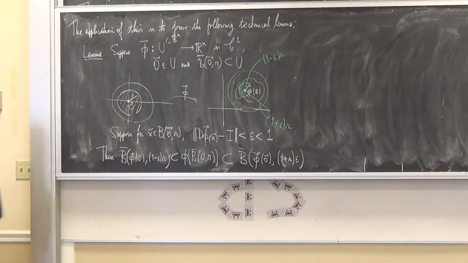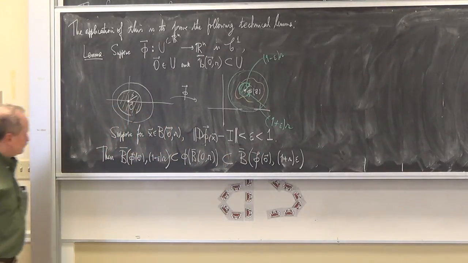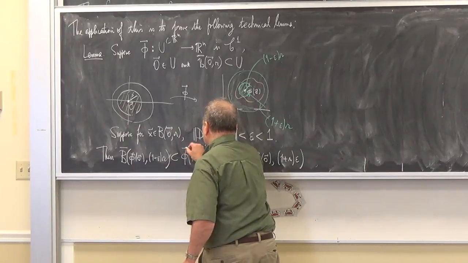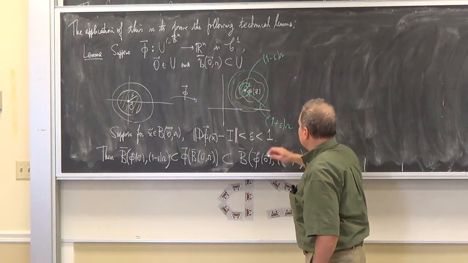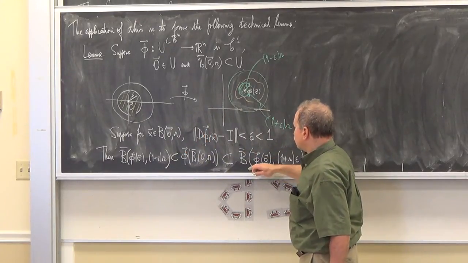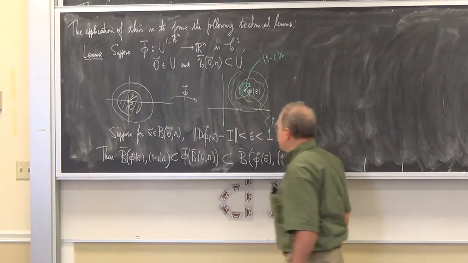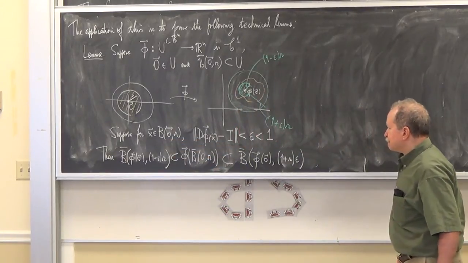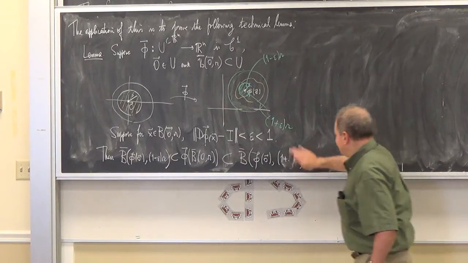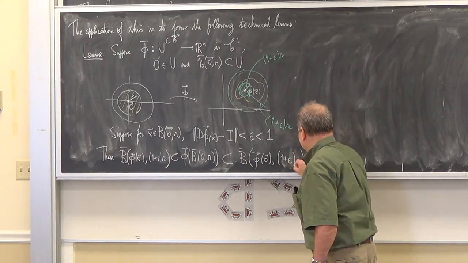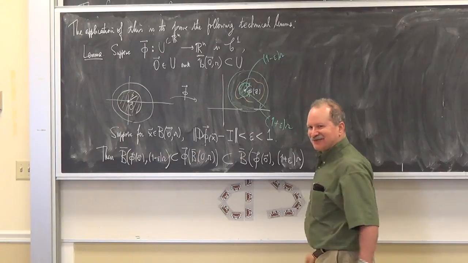Should I make it a closed ball for you? Suppose for x an element of the ball. Should that be a closed ball or no? Doesn't matter. Should it be 1 plus epsilon times r on the bottom right? Yes.